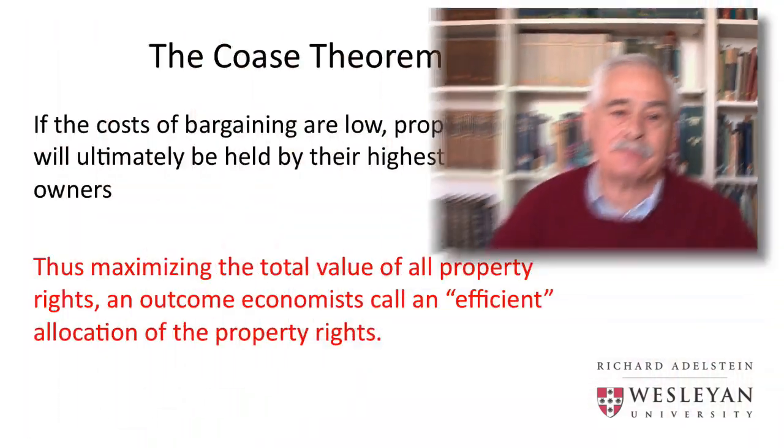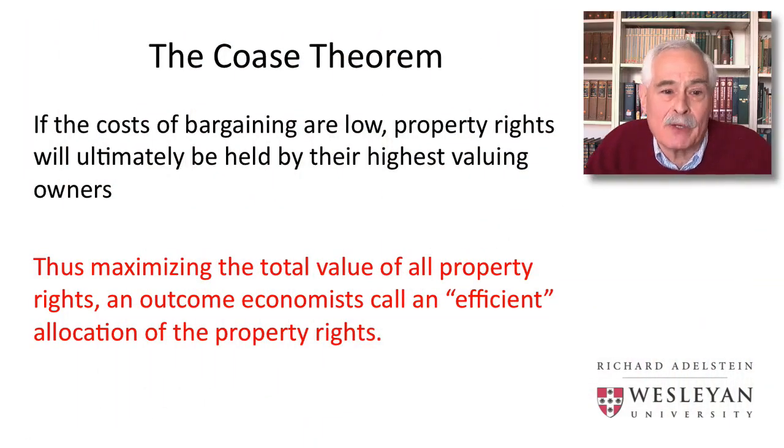Similarly, when we made Hamilton the higher valuing owner of the property right, then no matter who got the property right originally, Hamilton, the higher valuing owner, would wind up with it eventually, whether a transaction was needed or not.